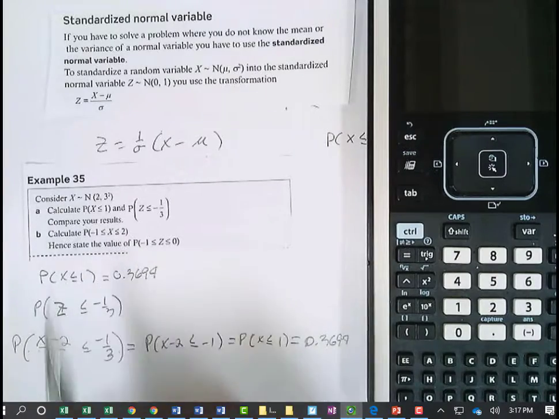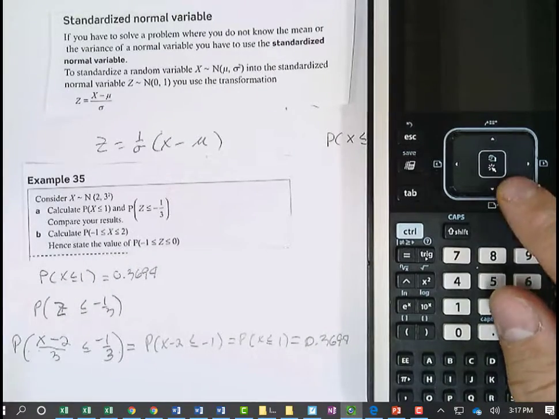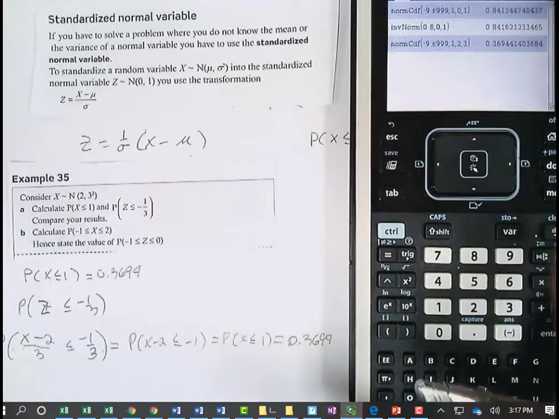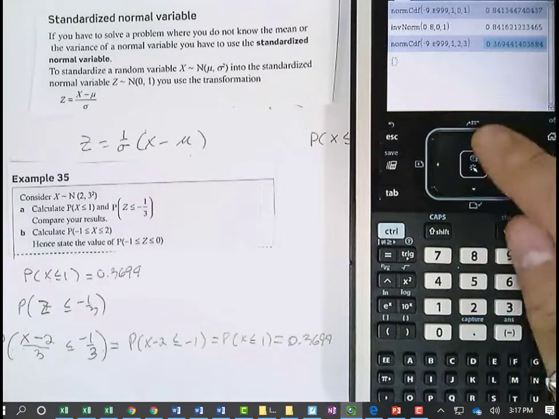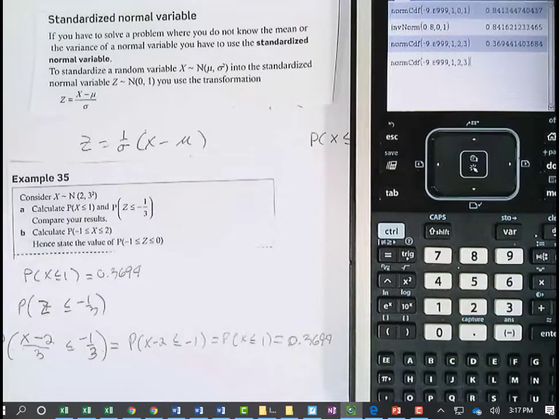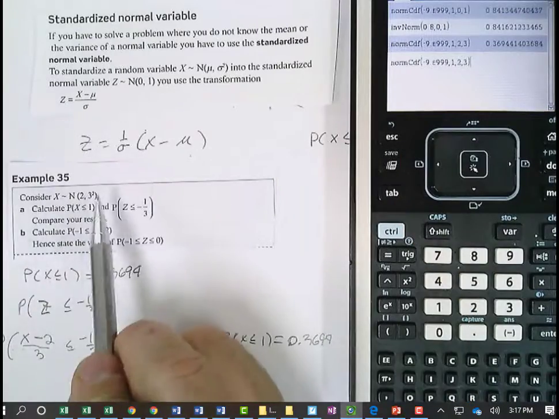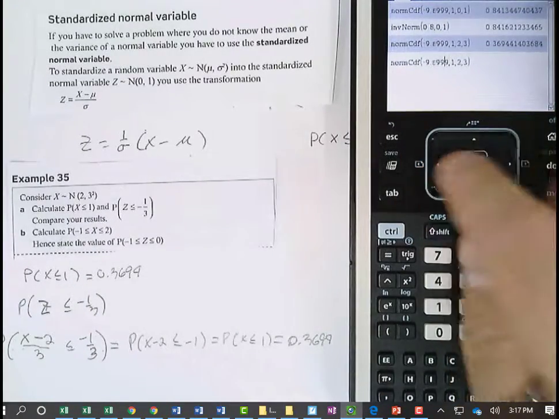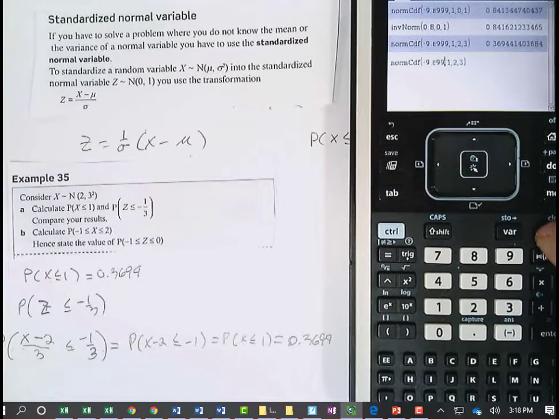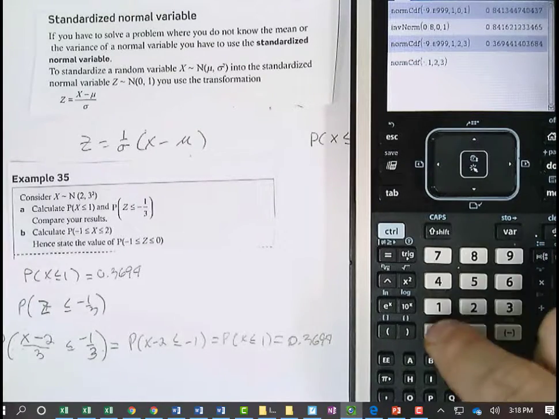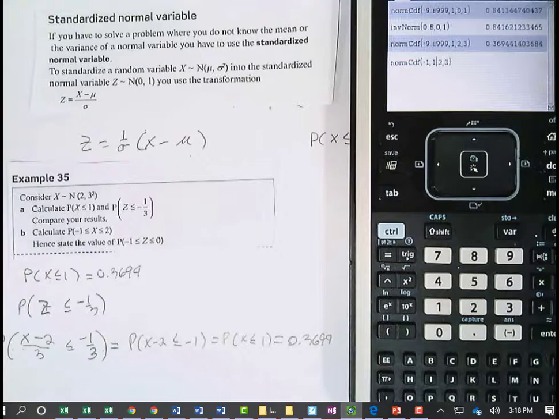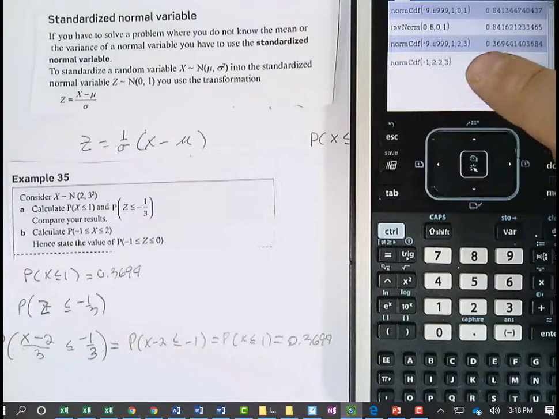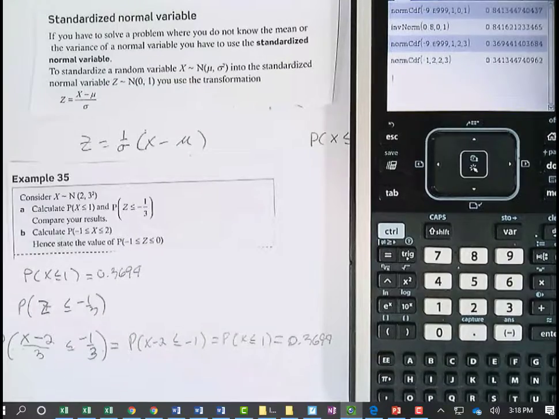And basically the same thing happens with the other one right here. So it says to calculate this, so I'll go to the calculator and use the normal CDF, and then I'm going from negative 1 to 2, and it's still a mean of 2 and a standard deviation of 3, and I get 0.34.